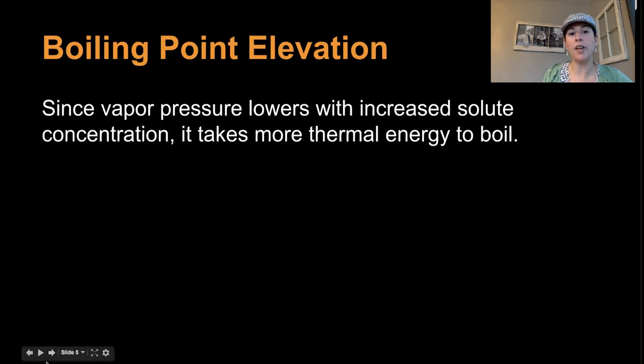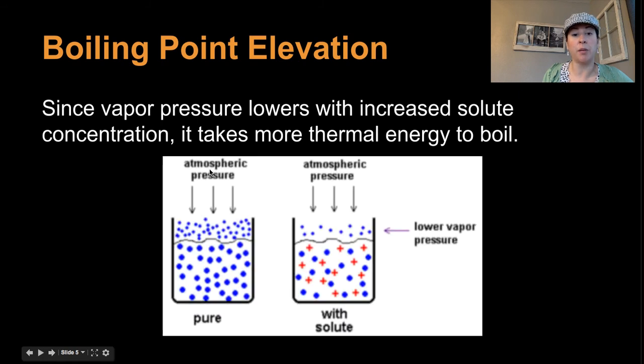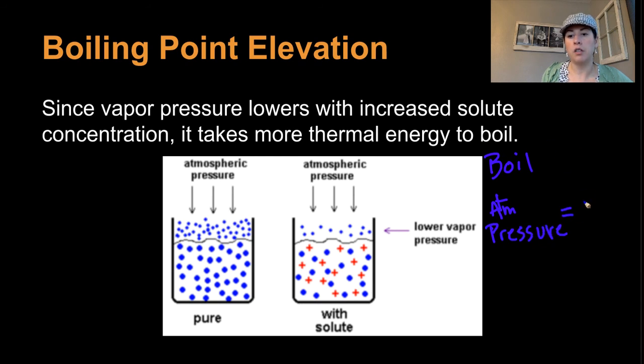And so since that vapor pressure has been lowered, it's going to take more thermal energy in order to be able to boil, or to get up to where the vapor pressure is equal to the atmospheric pressure. So if you remember, the reason why it's going to boil, so boiling occurs when the atmospheric pressure is equal to the vapor pressure.